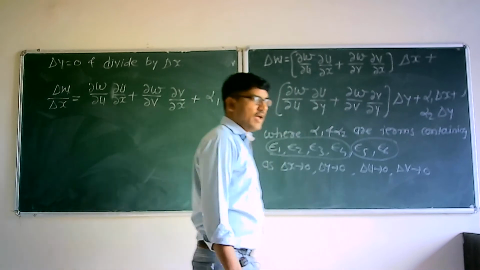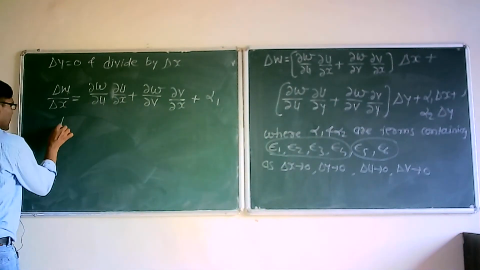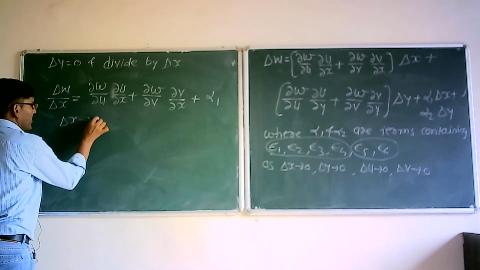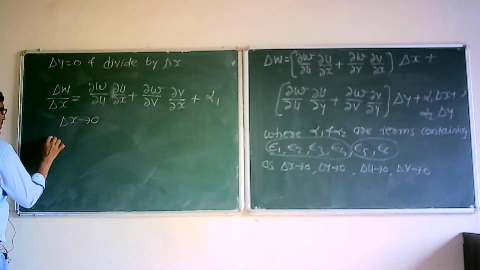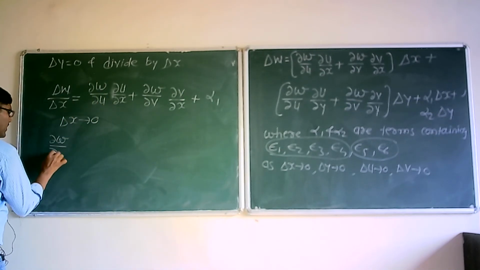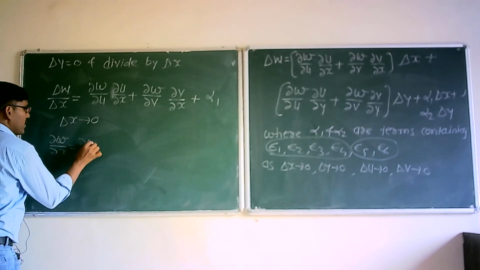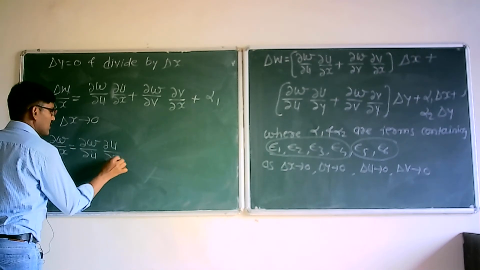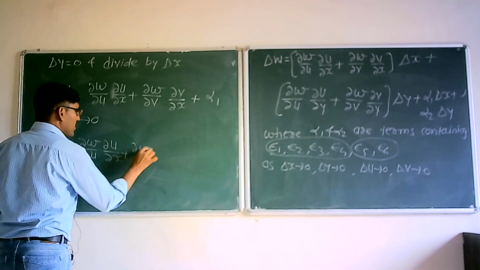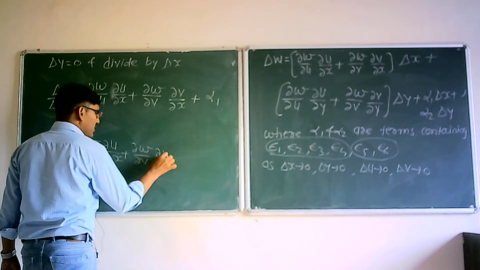But if you take delta x tends to 0, what happens here? Alpha 1 tends to 0 and this limit will be dw by dx is equal to dw by du, du by dx, plus dw by dv, dv by dx.